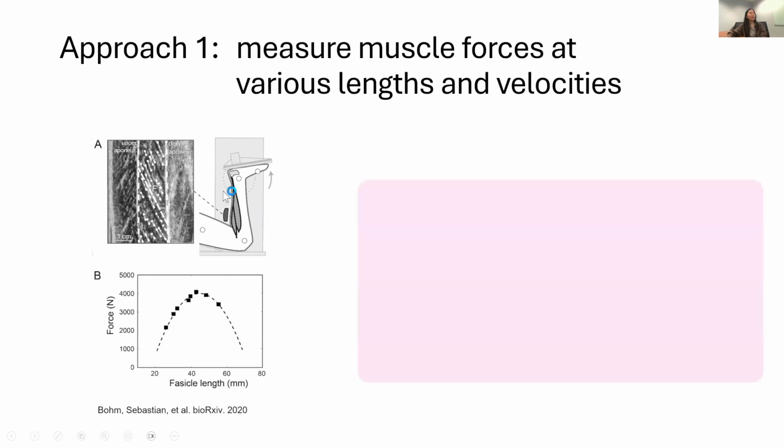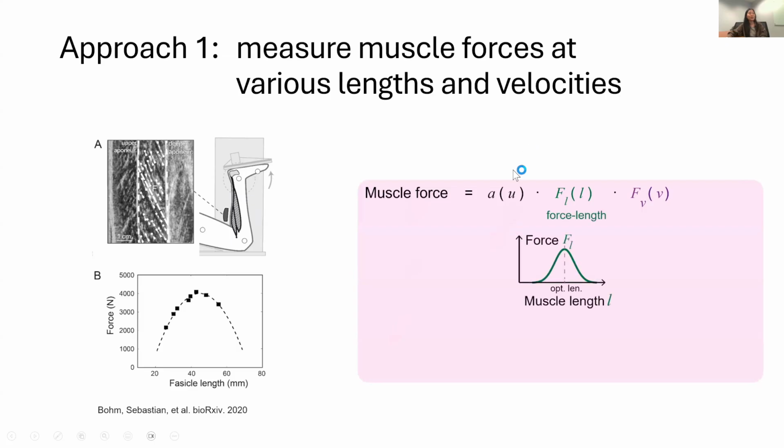It is known that for muscles, there is an optimal length. So here is the force-length curve that we also saw in the previous workshops. And then we say that muscle force is simply the multiplication of activation, force-length, and force-velocity curves.